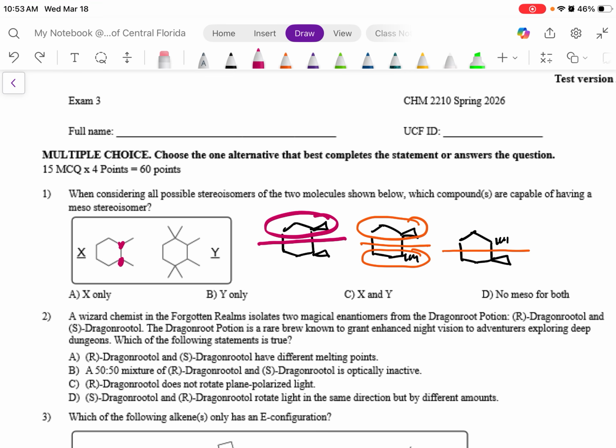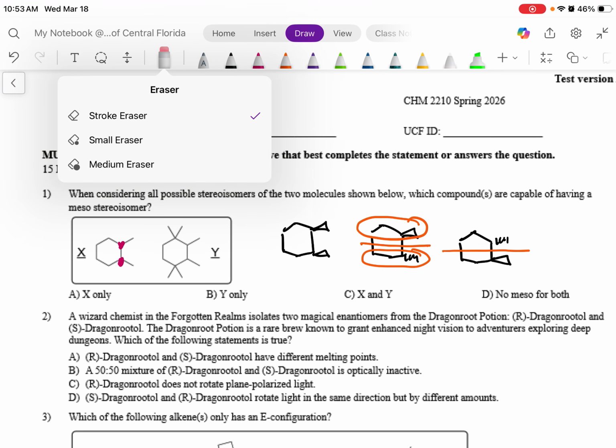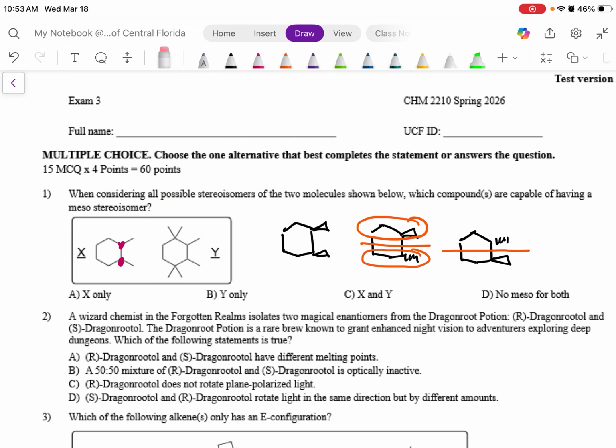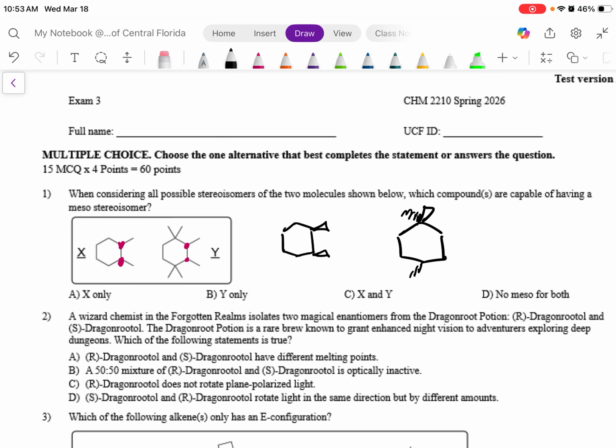So that's the one that we want to take a look at. That's Meso. Then we have to take a look at the other molecule, molecule Y. With molecule Y, we notice that there's a stereocenter, there's a stereocenter. It's just like the other molecule. If we draw it out, we would have a wedged methyl, a dashed methyl, a wedged methyl. And I'm just going to go wedge and wedge.